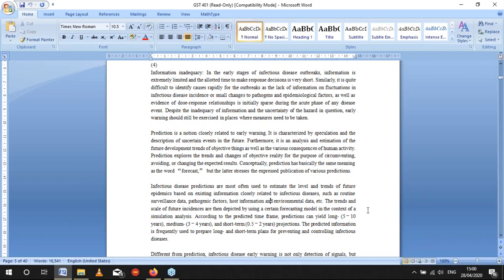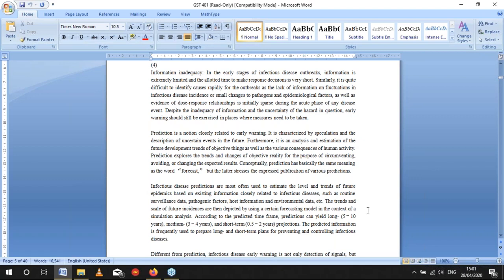Secondly, early warning makes judgments regarding a specific event, while prediction focuses on estimating and measuring short, medium, and long-term trends rather than a particular event.